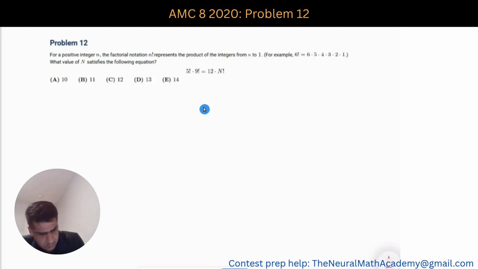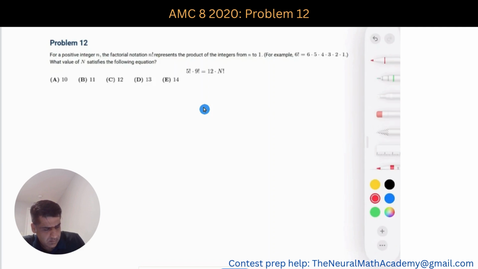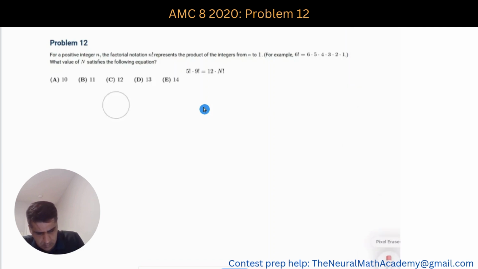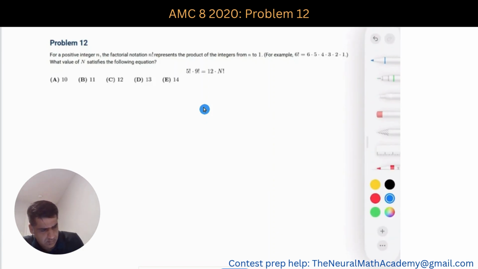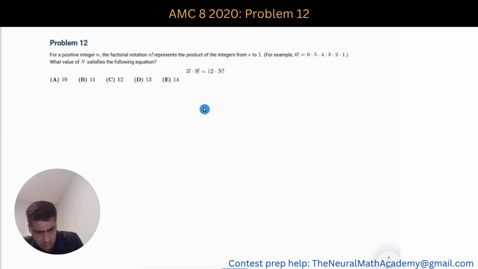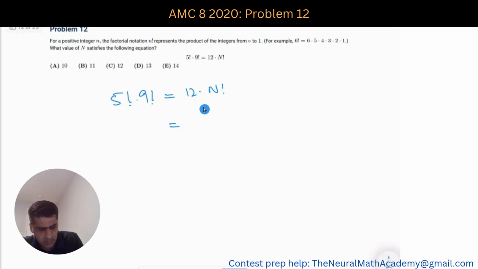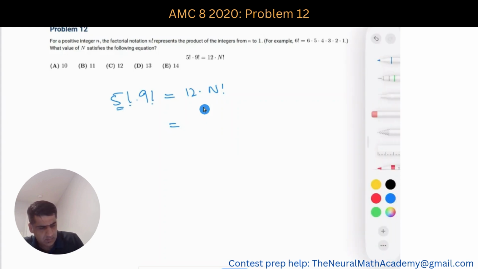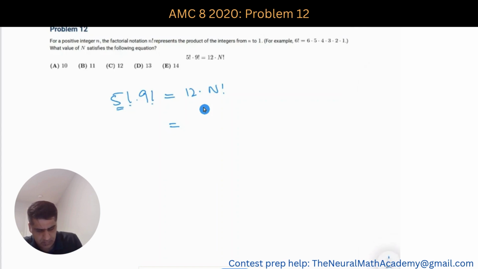We are given 5 factorial times 9 factorial equal to 12 times n factorial. So what we can do in this problem, we can expand 5 factorial to make it equal to 12. So let's do that.